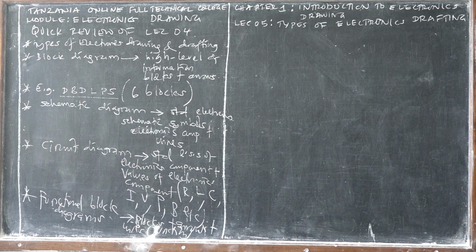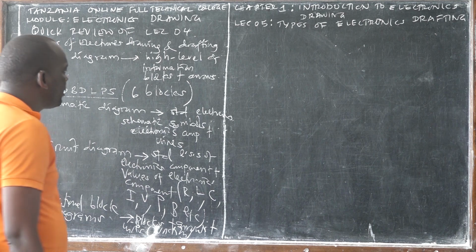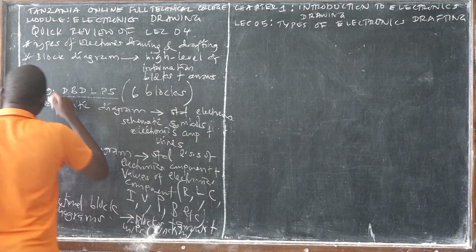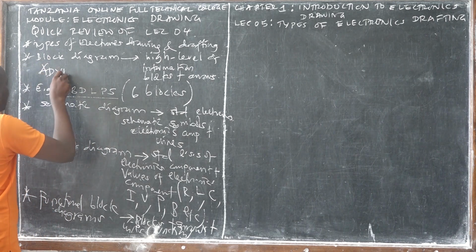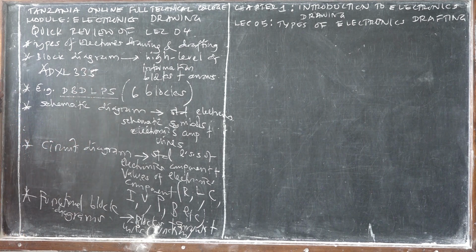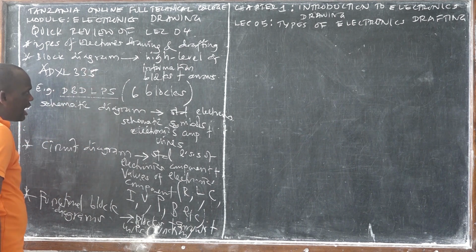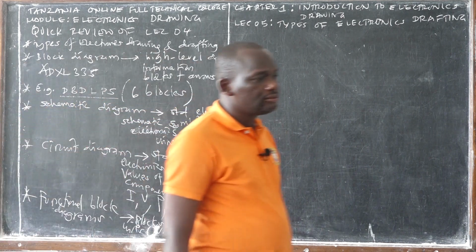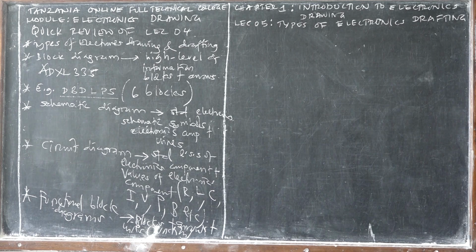I checked what you have found. Some of you have found just a common diagram, but you have to make sure that you draw the functional block diagram of the ADXL335. Yes, because you have the ADXL335 and ADXL345, something like that. It looks a little bit challenging, or interesting, and it's completely different.